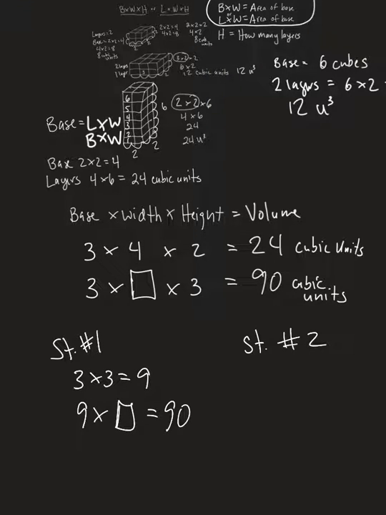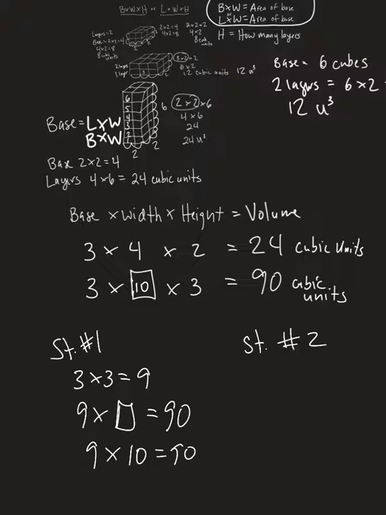Well, 9 times 5 is 45, 9 times 6, 9 times 7 is 63, 9 times 8 is 72, 9 times 9 is 81, 9 times 10. So 9 times 10 equals 90. So my missing width is going to be 10.